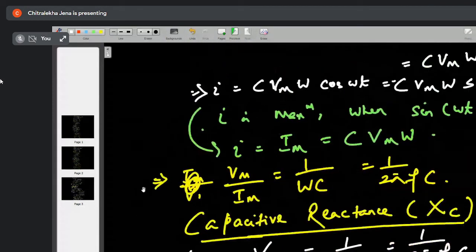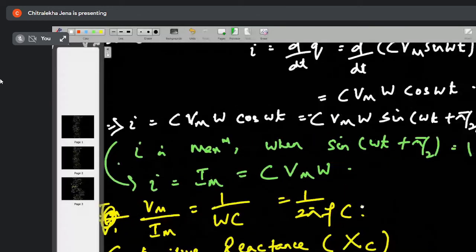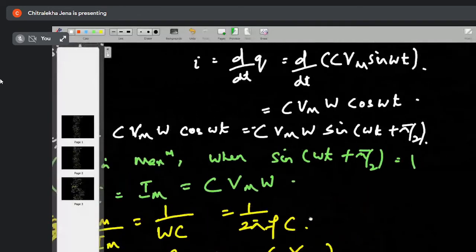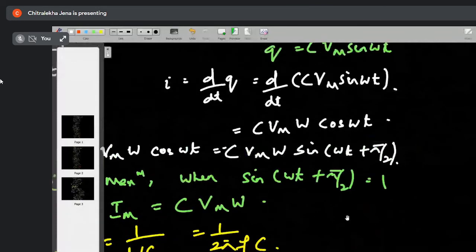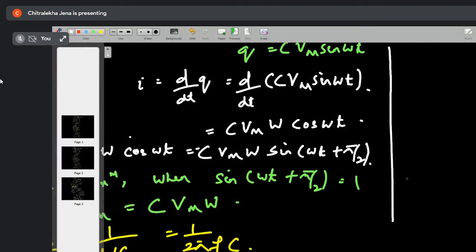Here I forgot to tell you one thing. In this case I have V equal to Vm sine omega t. What was the value of I?